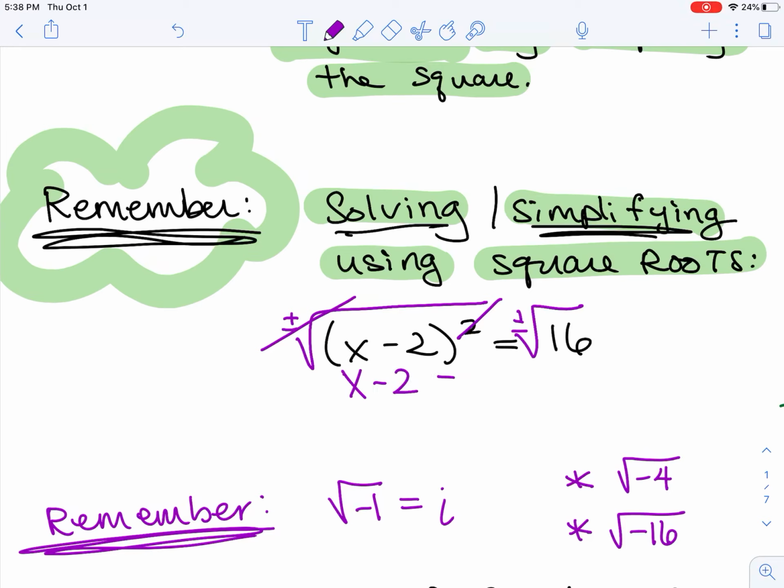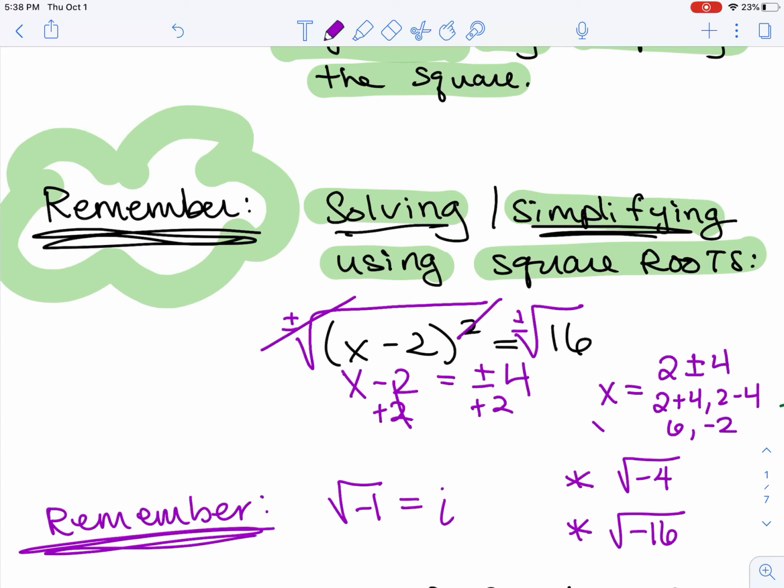We're left with x minus 2 equals plus or minus the root of 16, which is 4. When I get x by itself, we add 2 to both sides, so we're left with x equals 2 plus or minus 4, which can be written as 2 plus 4 and 2 minus 4. So that's 6 and negative 2.